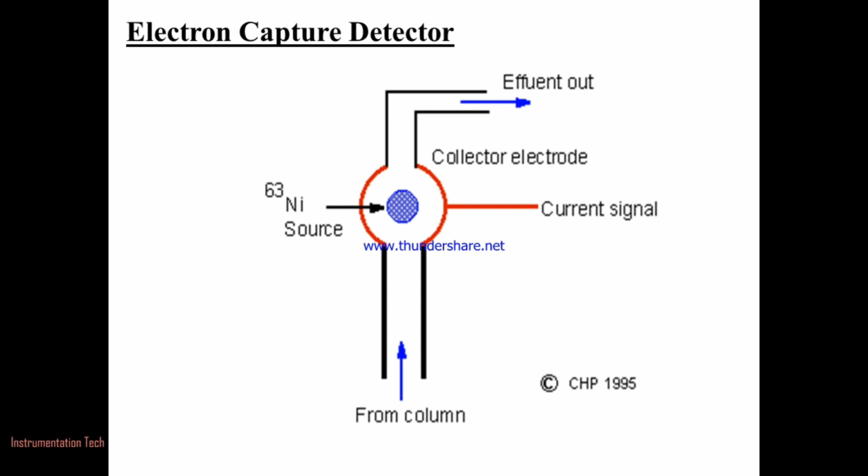The electrons produced give rise to a current across the electrodes to which a suitable voltage is applied. When a sample component which has the ability to capture electrons comes out of the column, it captures the ionized electrons, thereby causing a drop in the current. The change in the current is measured and recorded.